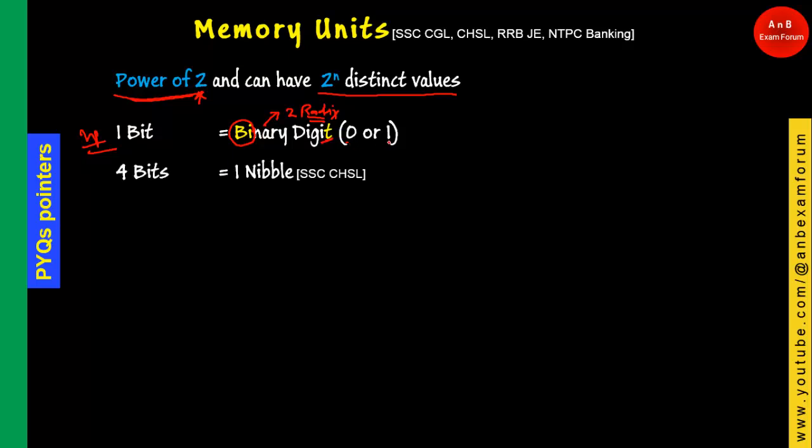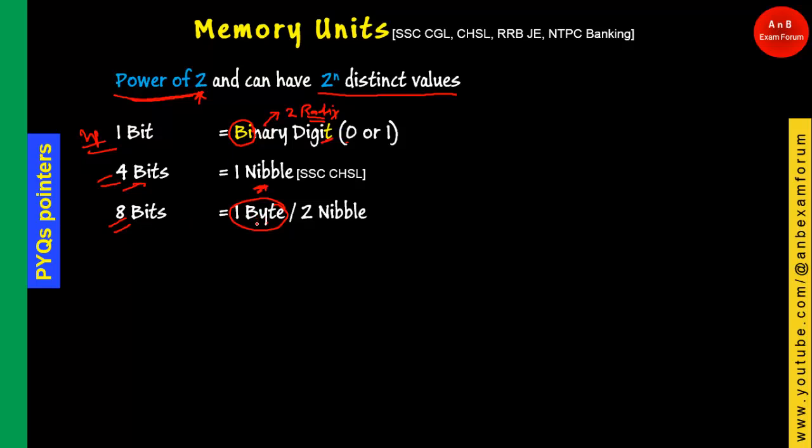The next is the nibble. If you combine 4 bits, it will become 1 nibble. In the exam, generally they ask what is called the collection of 4 bits; it is a nibble. The next one is byte. When you combine 8 bits, it becomes a byte.